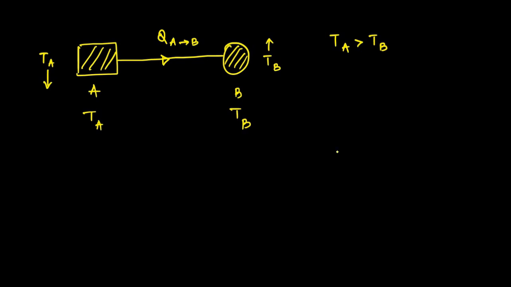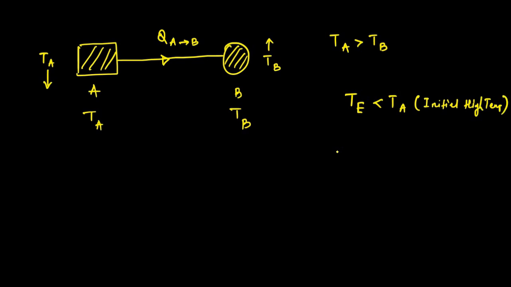Both the bodies will arrive at the same temperature, which is called the equilibrium temperature, or thermal equilibrium. This equilibrium temperature will be lesser than TA, that is the initial high temperature.